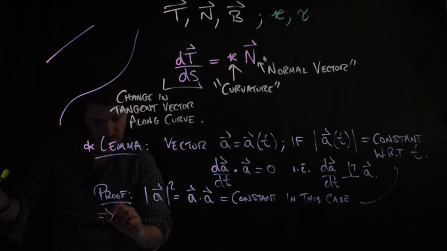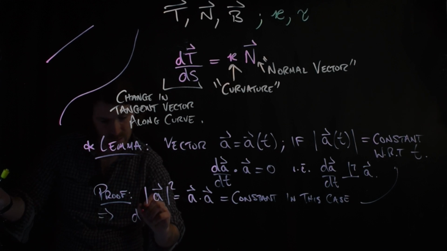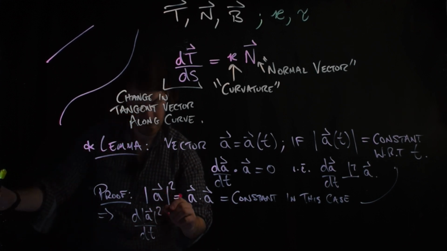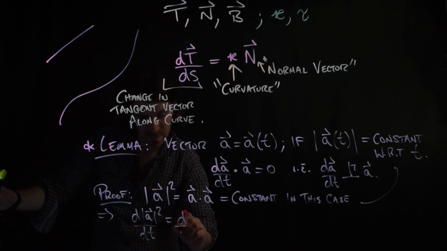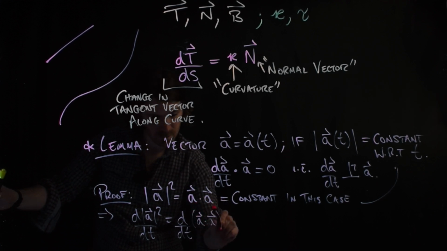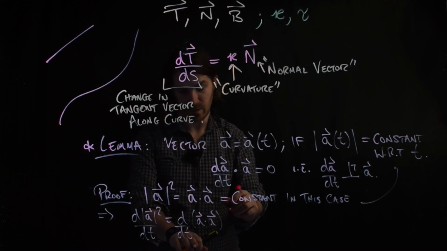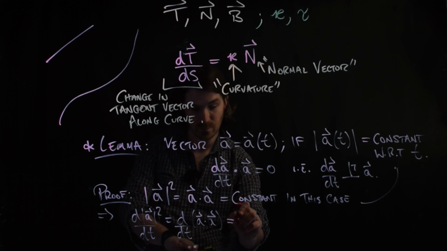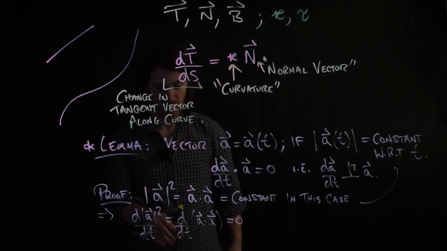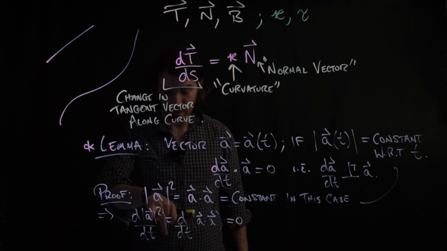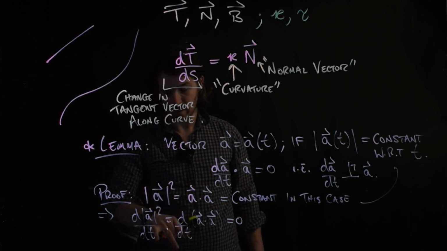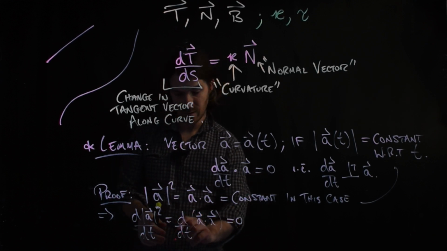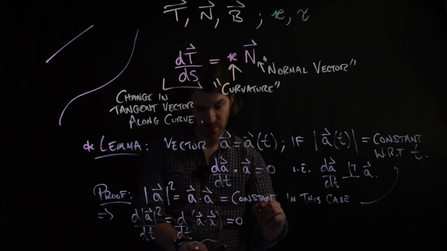Therefore, we can do d by dt of this thing, and this is a constant. So it's d by dt of A dot A, and because it's constant, it equals 0. So the rate of change of the length of the vector with t is 0. But this we can write using a product rule.